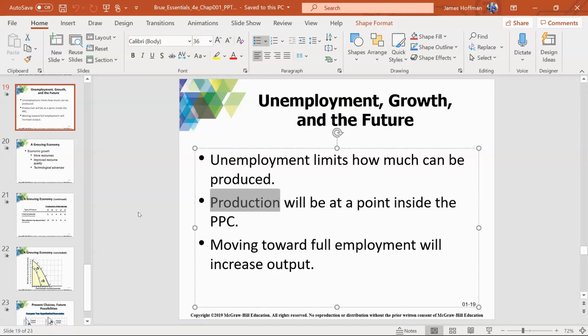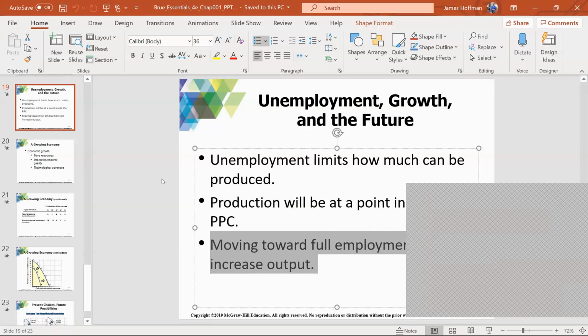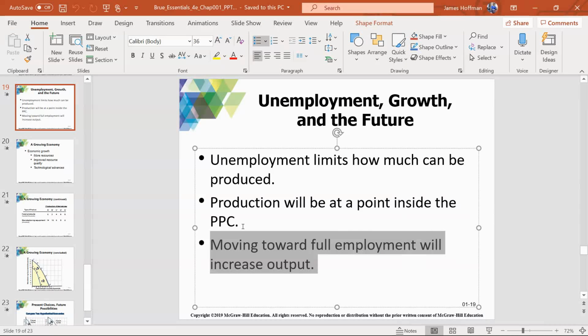If there's any unemployment, you can represent that by putting a point inside the curve. Then if more people become employed and you move toward full employment, or if you're fully employed, you can achieve the production possibilities curve.